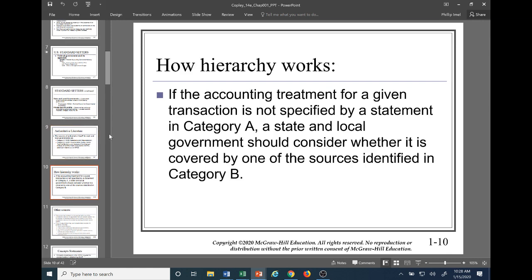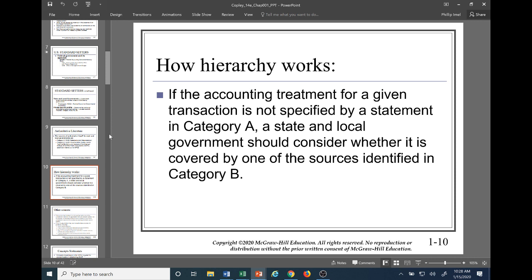Okay, so how this hierarchy works. So we know we had level A, level B. Level A is going to be your highest authority. It's going to hold the most water, right? So if an accounting treatment for a transaction is not given in level A, then you move on to level B. So if you want to know how to account for a pension, or how to record property taxes levied after whatever the period might be within whatever the current fiscal period might be, whatever the transaction is, you're looking for guidance on how it's to be recorded.